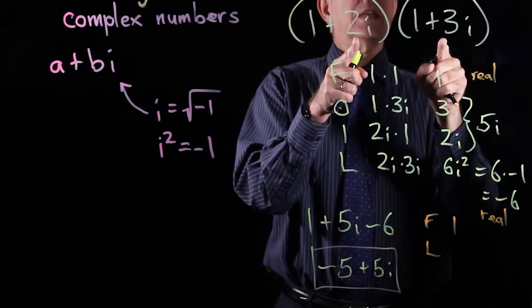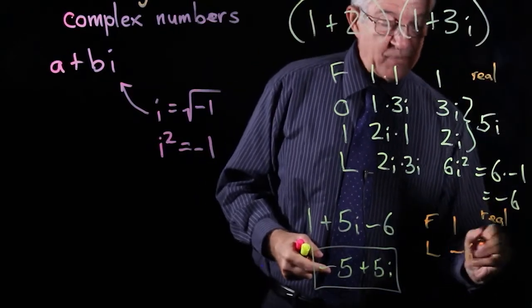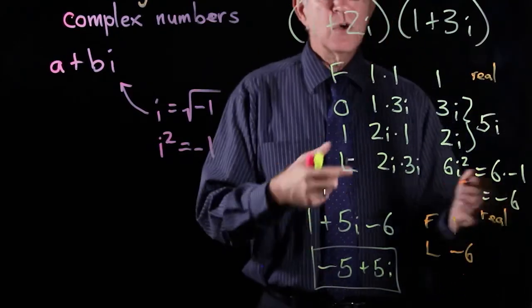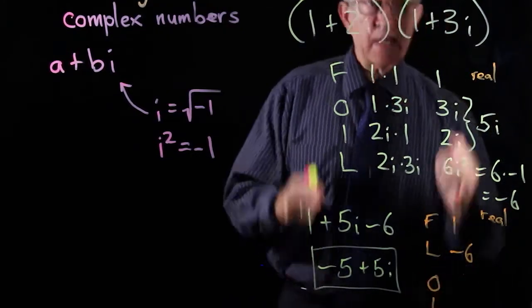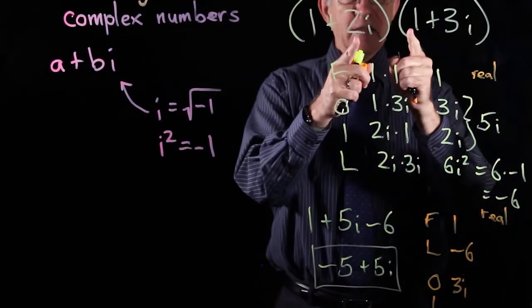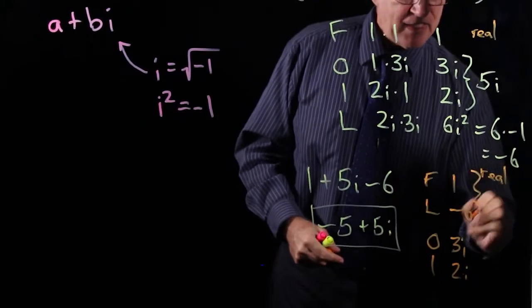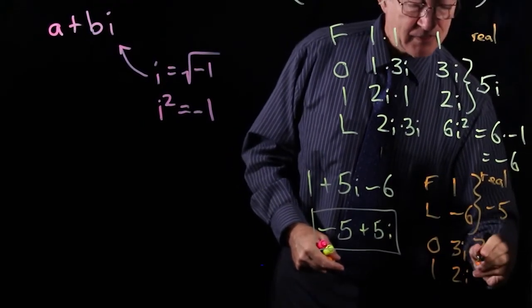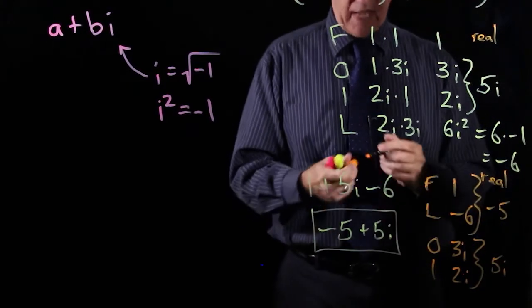So multiply these together, 2 times 3, 6, and then write the opposite, -6. And those will combine very nicely. And then the O and I work out the same way, right? The O is 1 times 3, that's a 3 with an i. The I, 2 times 1, that's a 2 with an i, and these combine, and we have the same answer we had before.